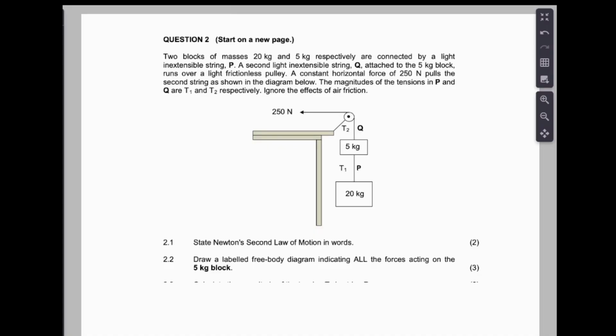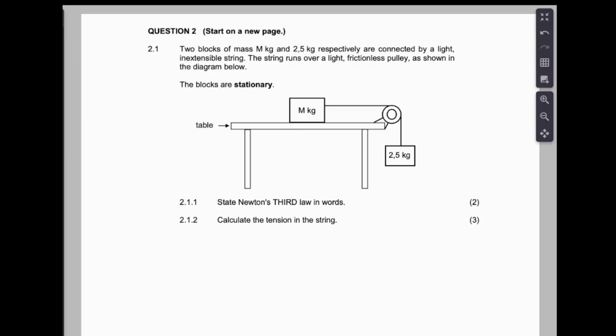Now, if you can see the two questions that I have shown you in these two pictures, this is pure recall. So these are things that you can study and be able to give answers for in your exam. Now let's look at this one. 2.1.1 says state Newton's third law.